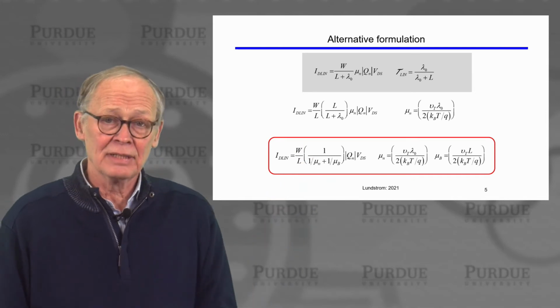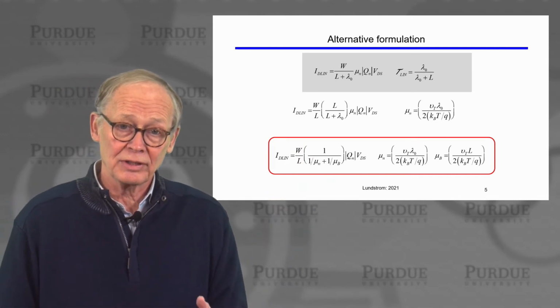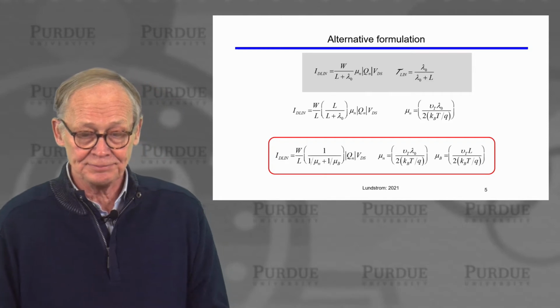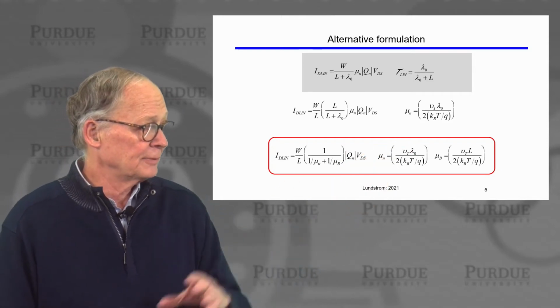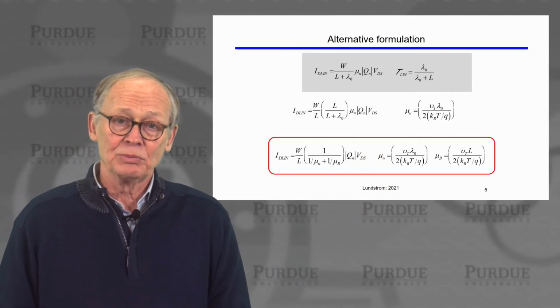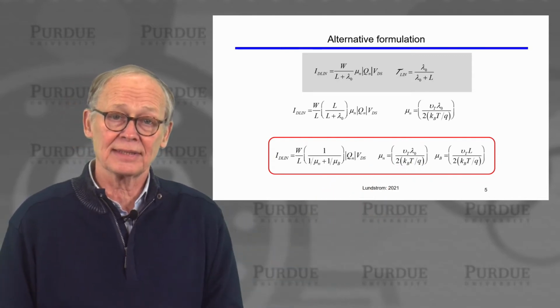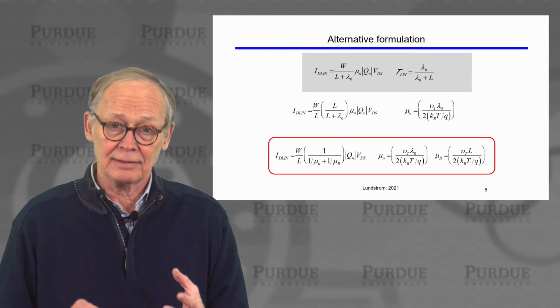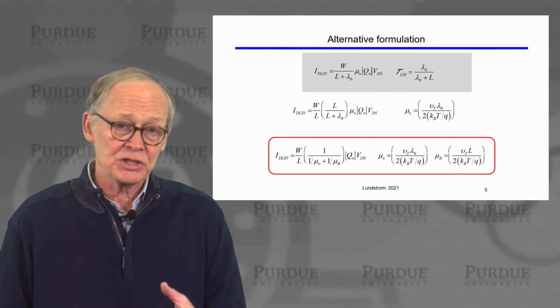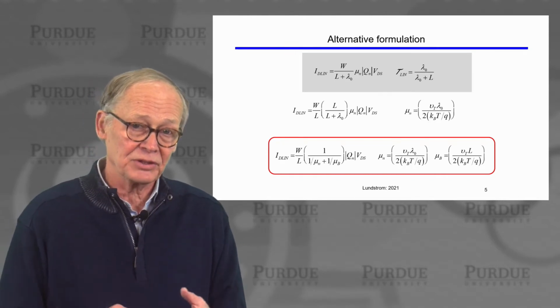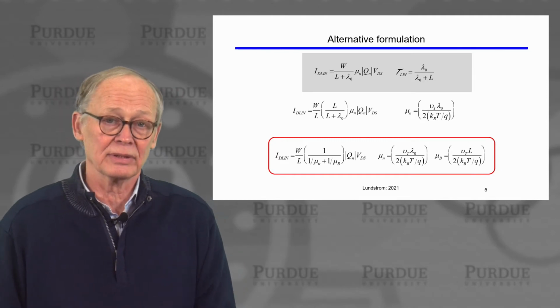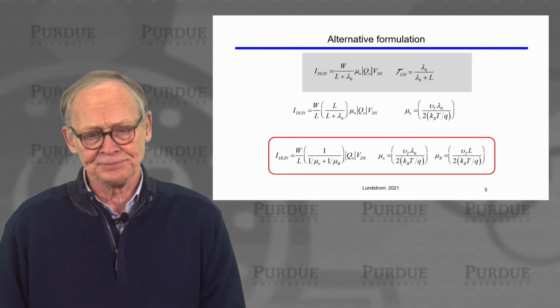Inside the brackets here, we have 1 over the mobility due to scattering. That's a well-defined quantity. And 1 over the ballistic mobility. That's something that we encountered when we discussed the ballistic MOSFET. So in the more general case, both the ballistic mobility and the diffusive mobility enter into the current expression.